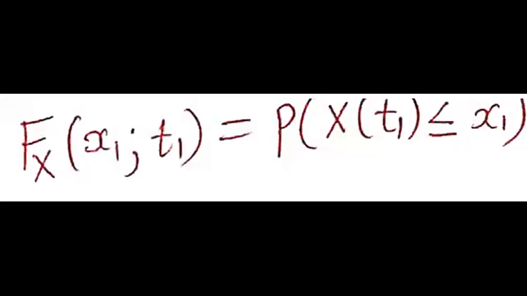Now we are going to see the distribution and density functions for a random process. So see here, this is the formula of a random process X(t) for the distribution function. Why are we going to mention the distribution function and density functions?